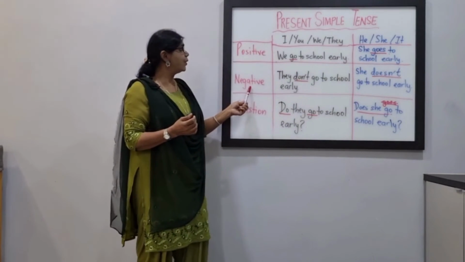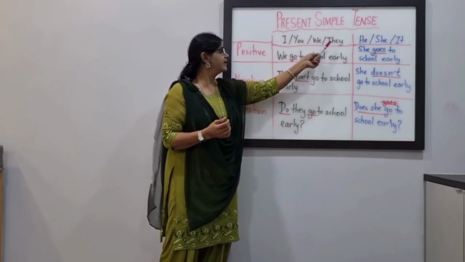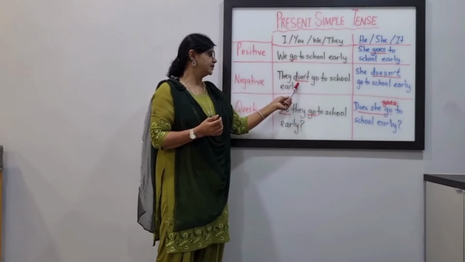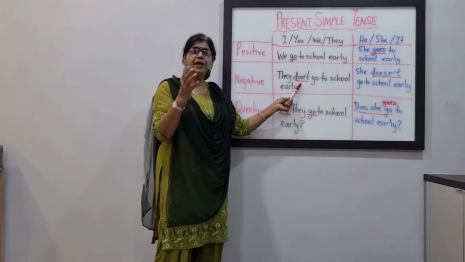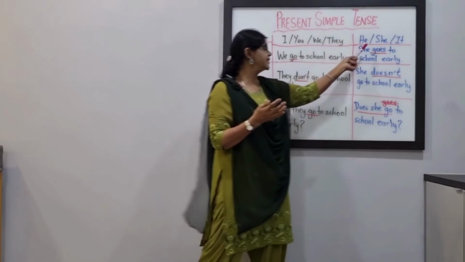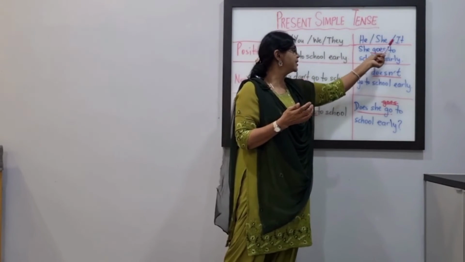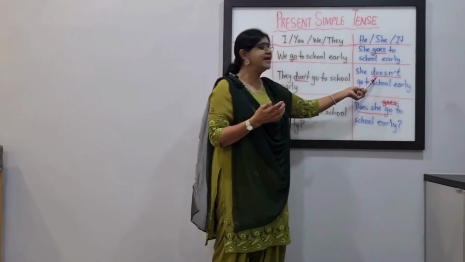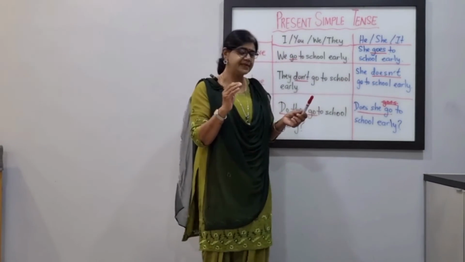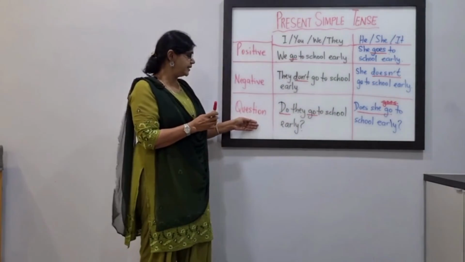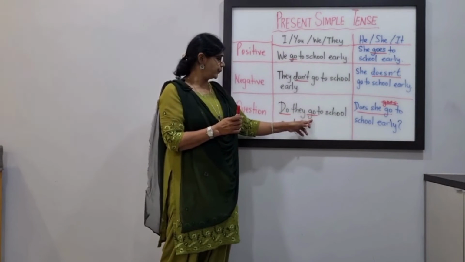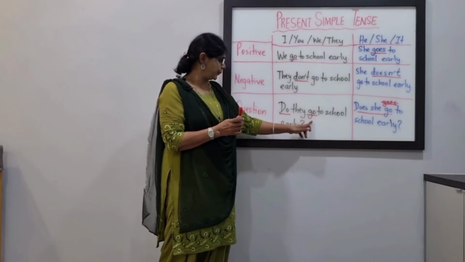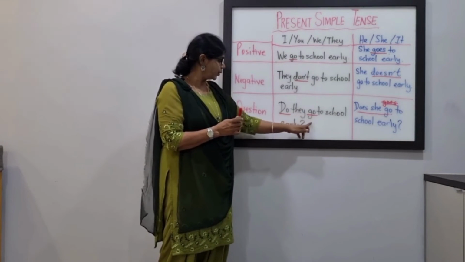In the negative form, I, you, we, they don't. We must use do not or don't. Whereas the singular subjects, he, she, it, the boy, does not or doesn't. When it is a question, do they go? They go.